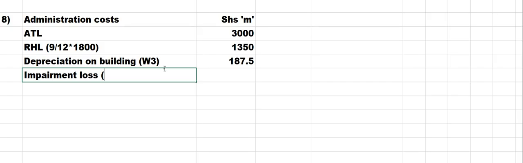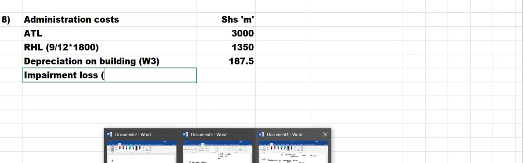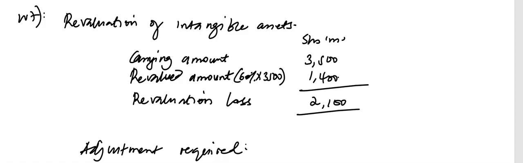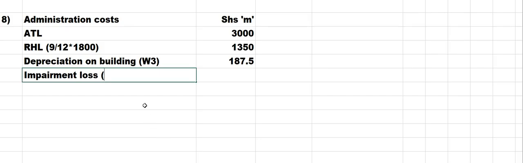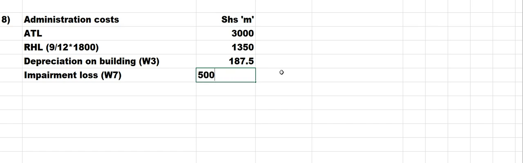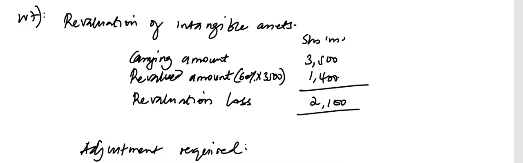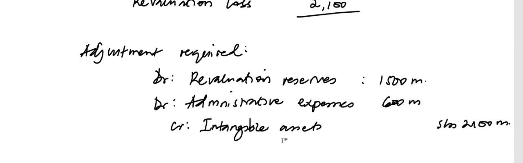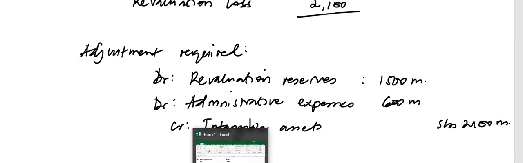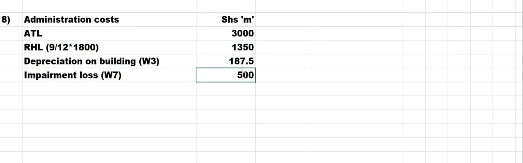That's on the intangible assets. That's working 7. Impairment loss. Is it 500? No. It's 600M. We take 600M, not 500.